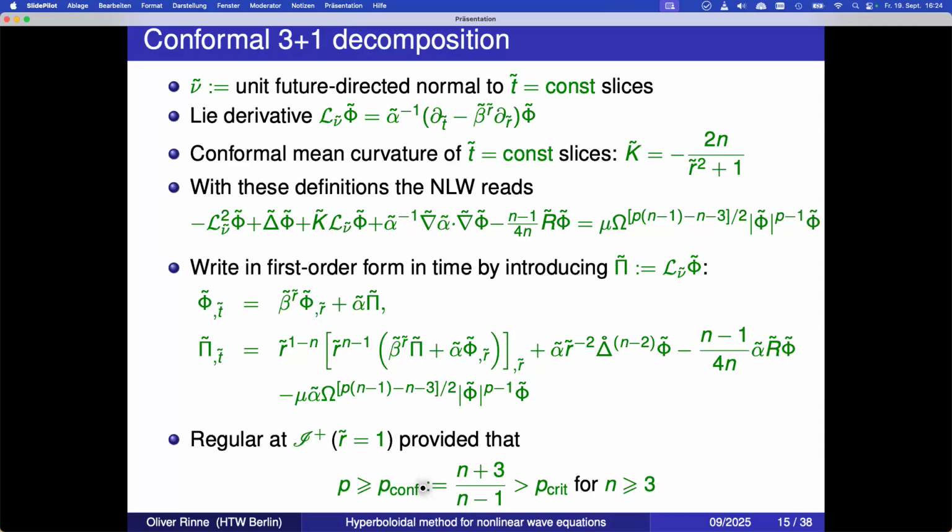Sorry, this value is greater than the critical value where you have the energy criticality of the equation. So this allows me to consider both cases.